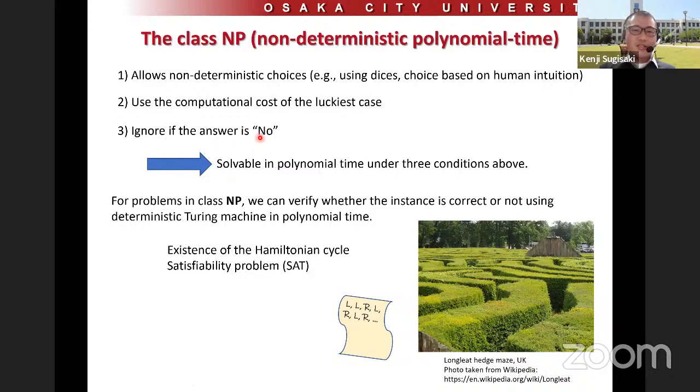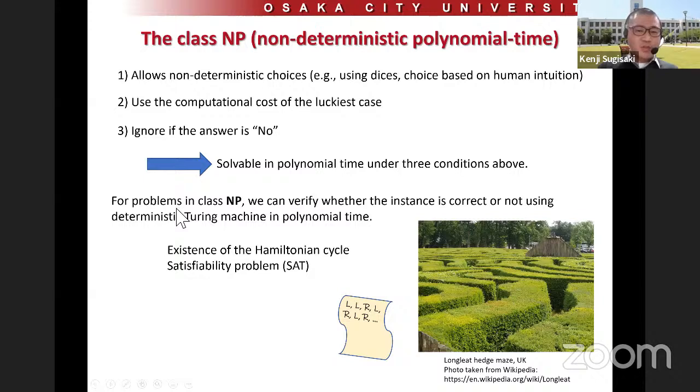Ignoring the no answer means that if the maze is not escapable, in this case, we don't think about this maze. So in the case of a maze, we always assume there is at least one answer.